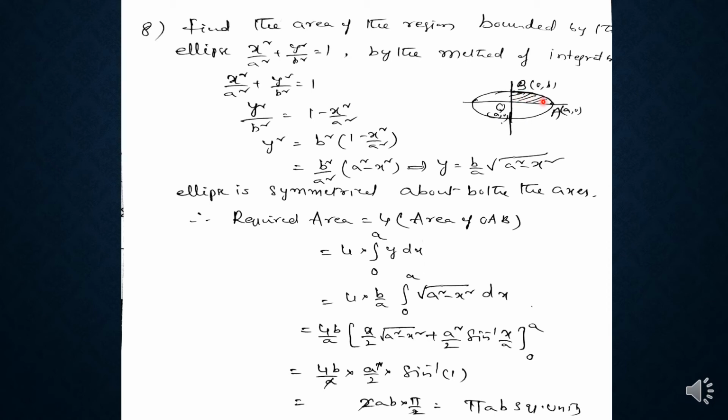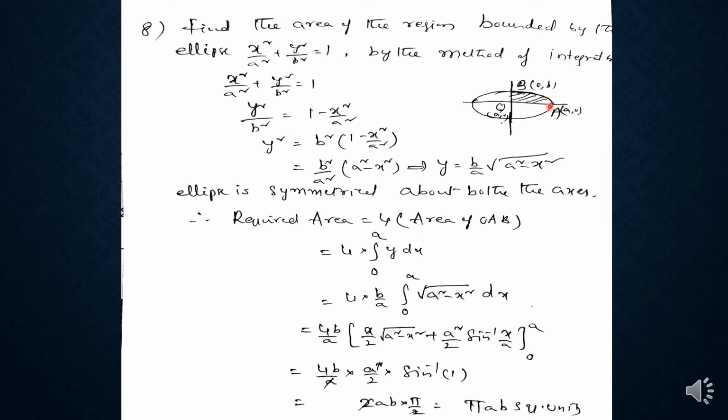So instead of finding the total area at a time, we can find the area bounded by the curve in the first quadrant, that is OAB. So the first quadrant area can be obtained by the area bounded by the curve AB.